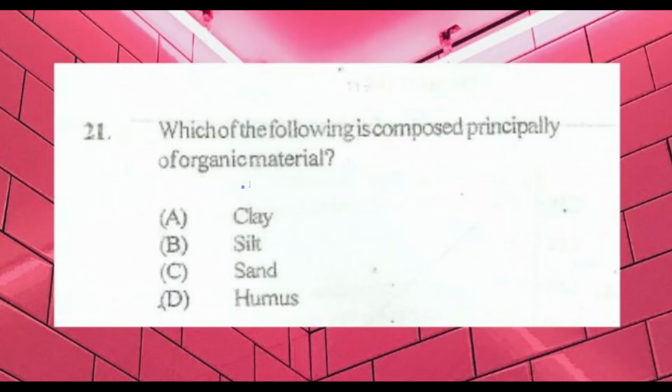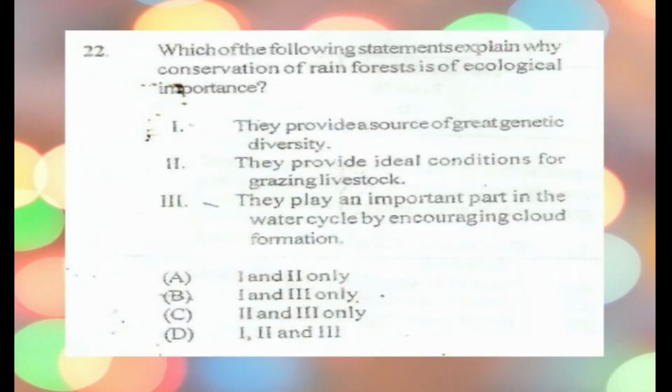Question number 22. Which of the following statements explain why conservation of rainforest is of ecological importance? 1. They provide a source of great genetic diversity. 2. They provide ideal conditions for grazing livestock. 3.